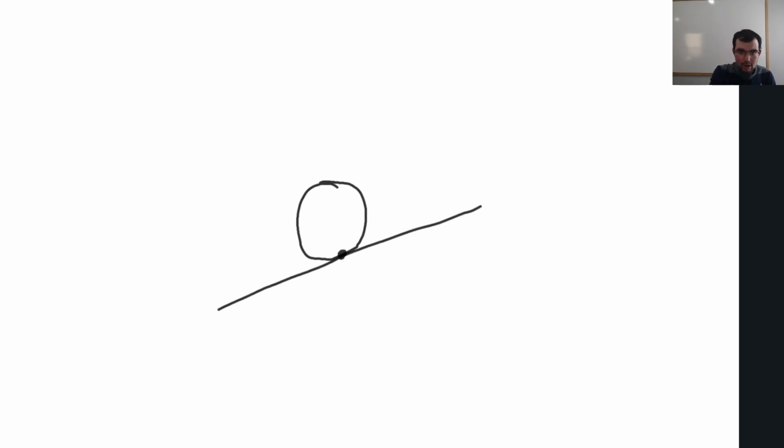The only relevant forces when it's going up the ramp are a component of gravity pulling down, mg sine theta. And this isn't a draw-free-body-diagram question, so I'm totally allowed to just put mg sine theta this way. And then a frictional force.